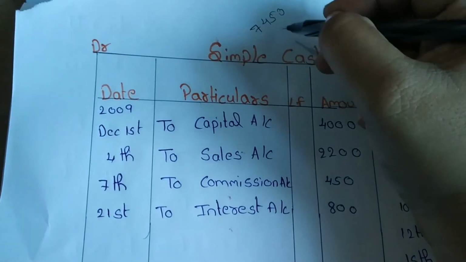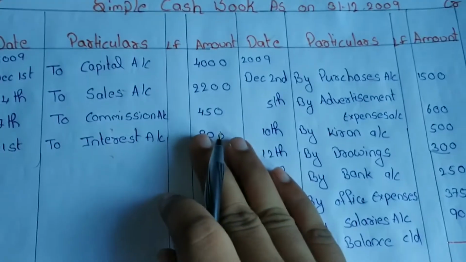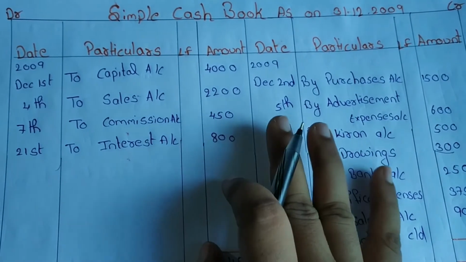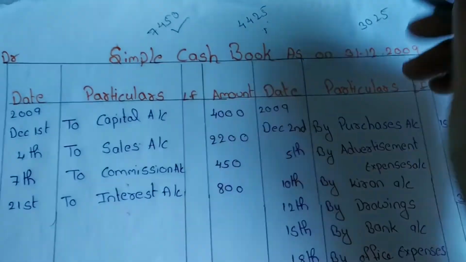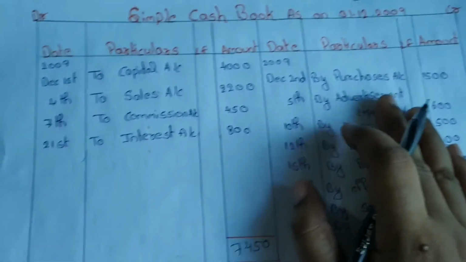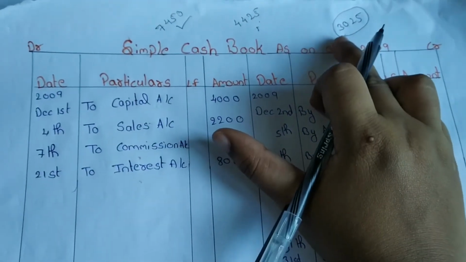So the debit side is higher than the credit side. The debit side total was 7,450 and the credit side total was 4,445. So the difference amount was 3,025. The cash account should be tallied, so this is the balance.